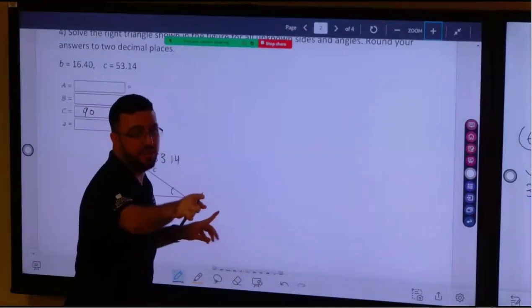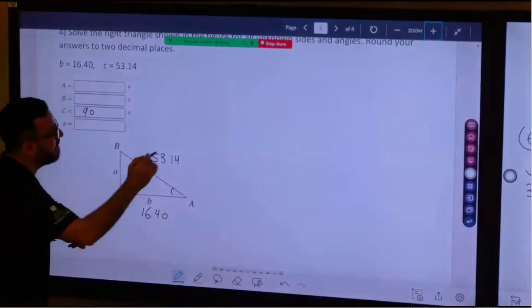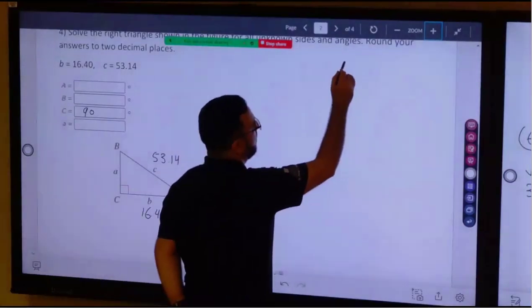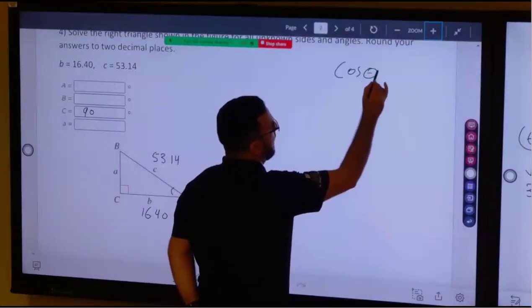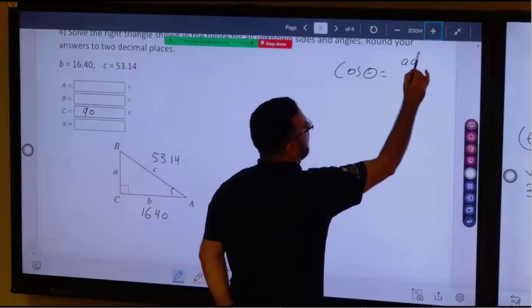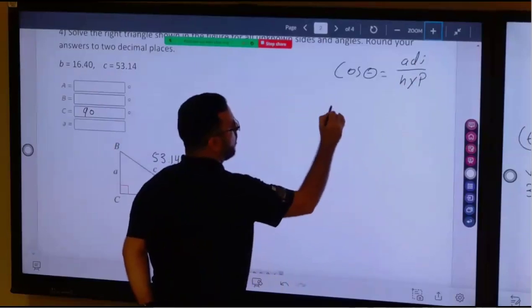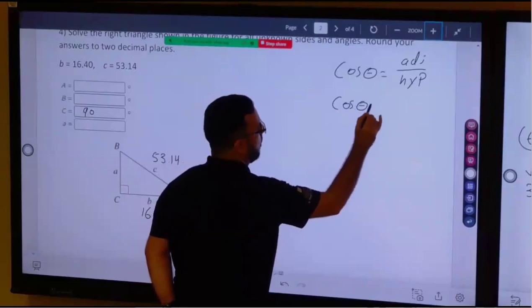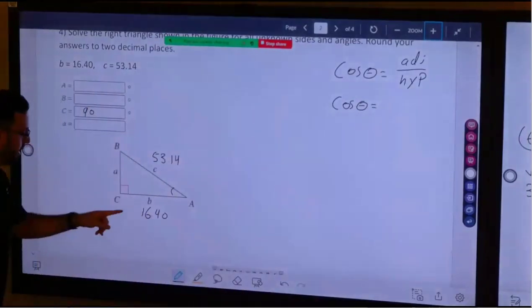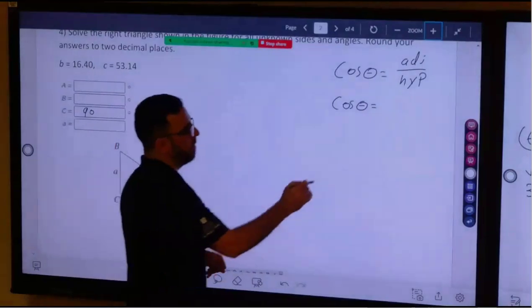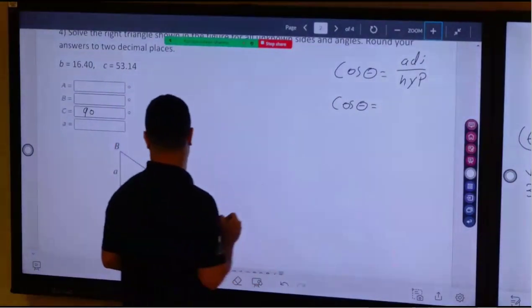So now cosine theta, we're using A instead of theta.